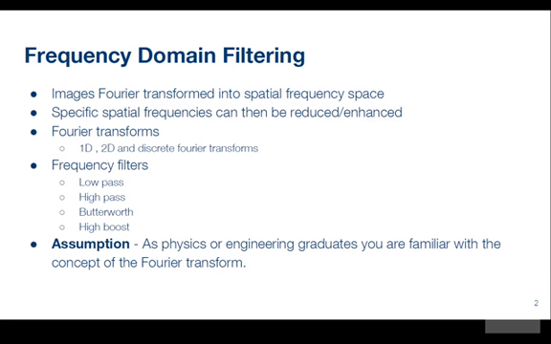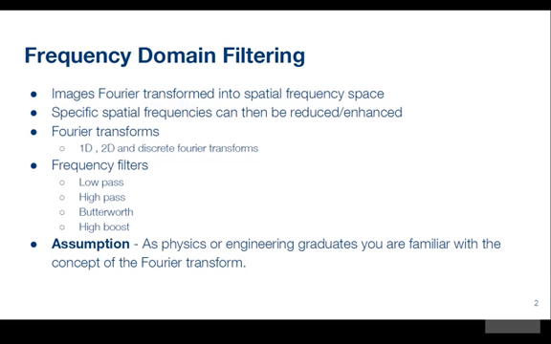And we can enhance an image by performing operations that reduce or enhance particular spatial frequencies. So we can transform an image into Fourier space, perform some operation on a particular region of that frequency space, and it could be enhancing or reducing. For noise, for example, we would maybe want to reduce those frequencies. For the signal part of the image which we're interested in, we would want to enhance that.